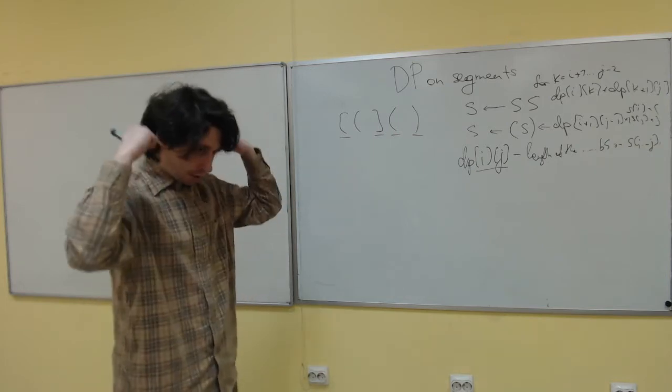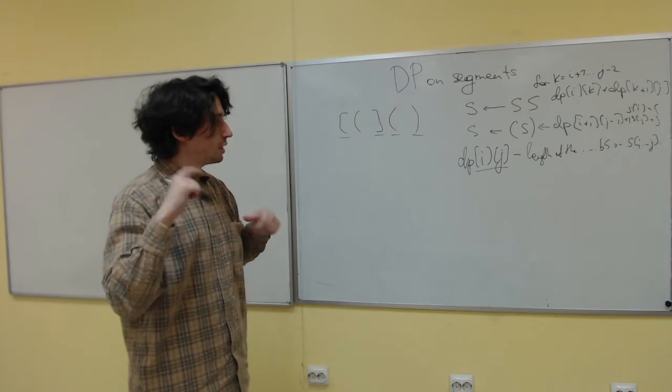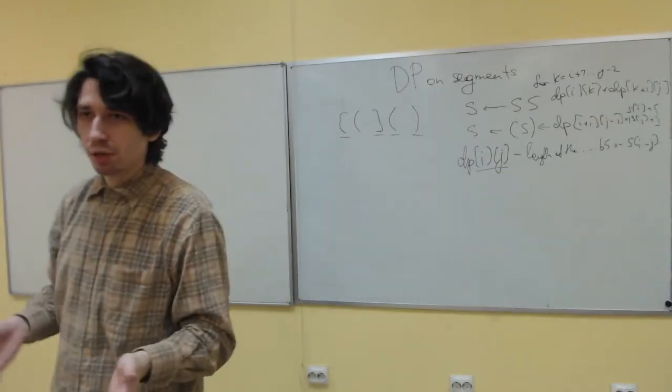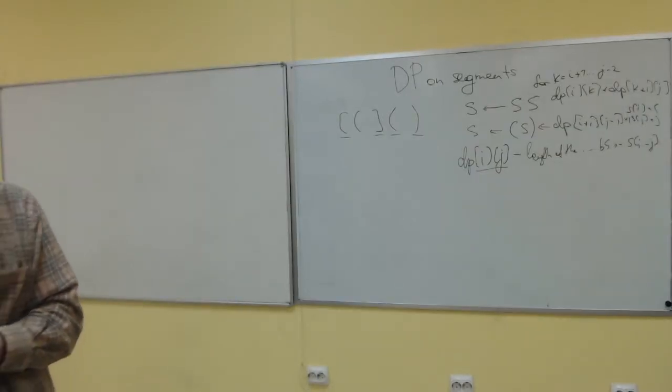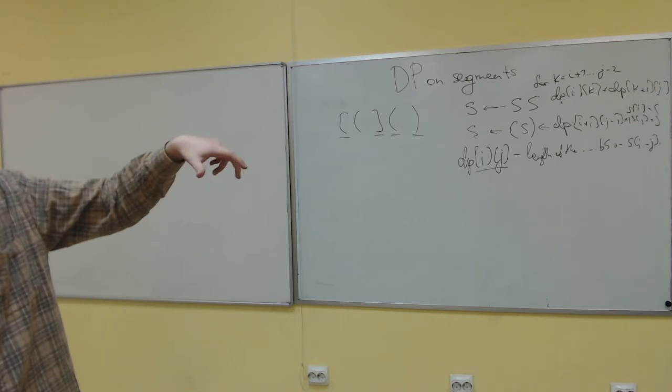Okay, so we did how to calculate dp[i][j]. If we do this recursively, or just go over everything, we will fill everything out.